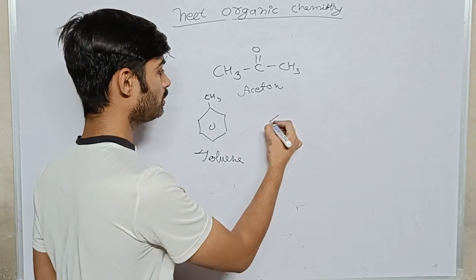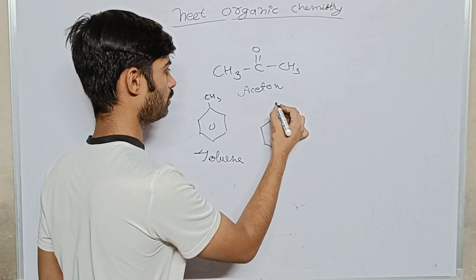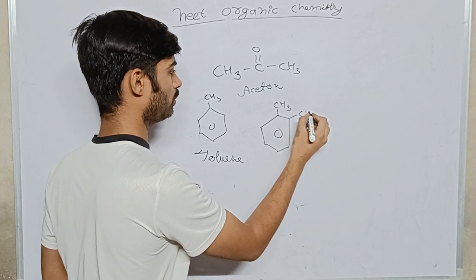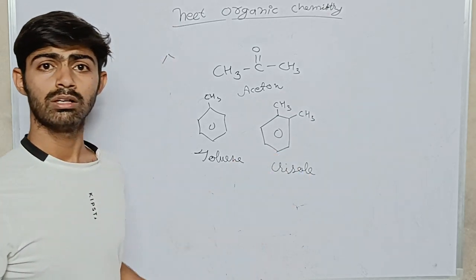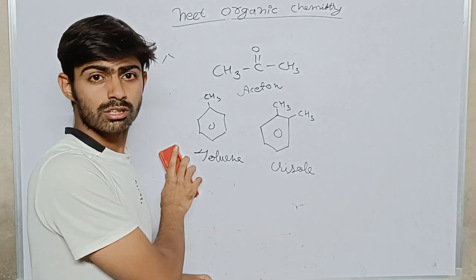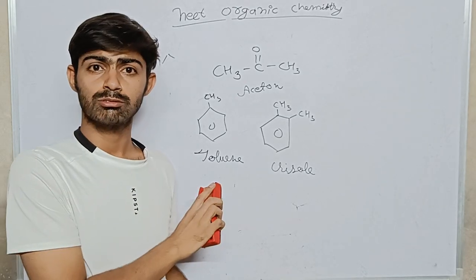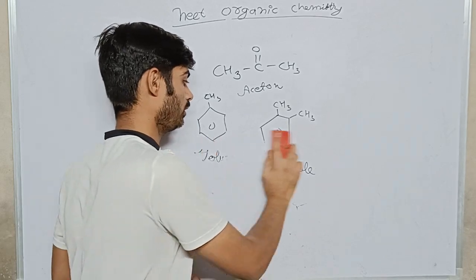Okay, this is cresol. Okay, learn this very well. These are very important for organic chemistry. I have done thousands of questions, and in each and every question they are used very frequently.